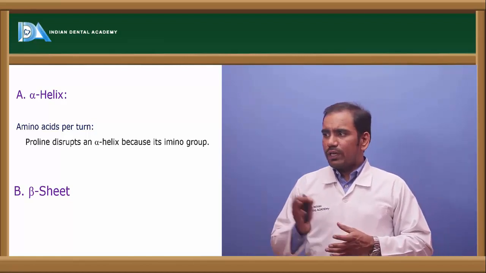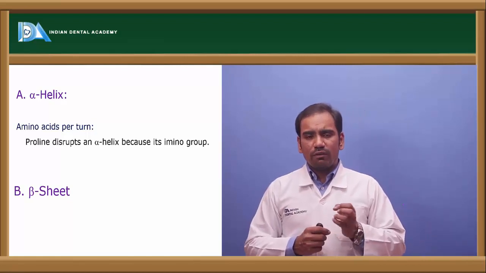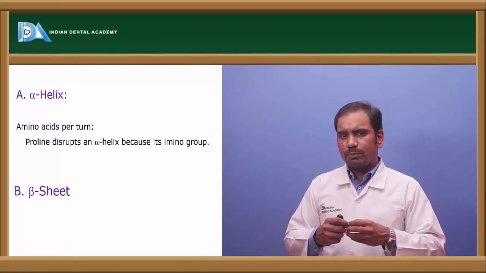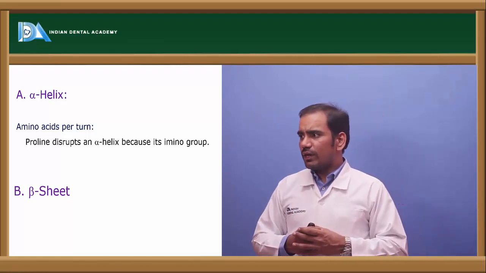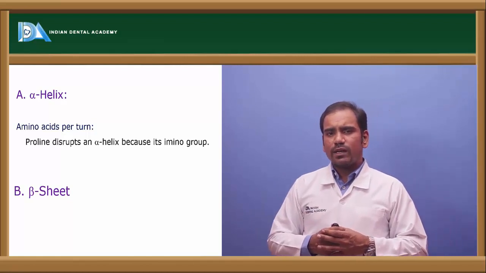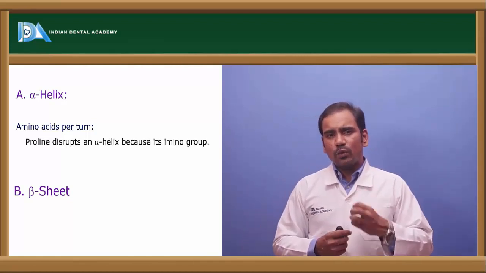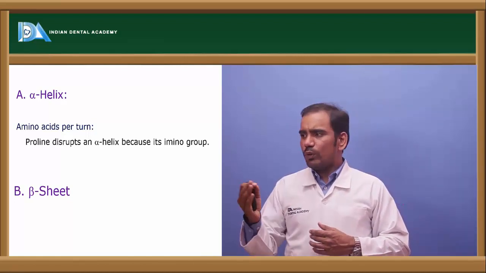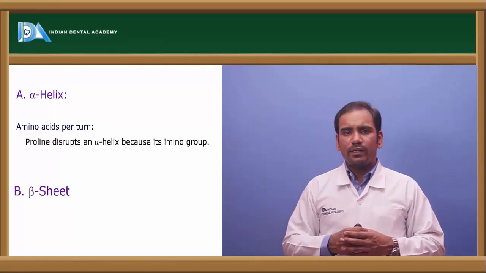Whenever a proline is inserted into the alpha helical structure, it disrupts and prevents the formation of the helix. Proline is an imino acid: instead of an amino group, there is an imino group in proline. So proline prevents the alpha helical structure.